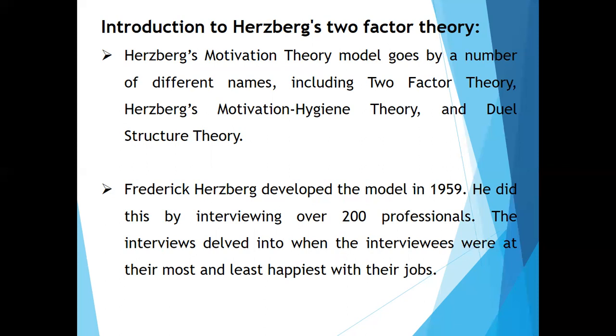The latter job conditions he referred to as maintenance or hygiene factors, and the former as motivational factors. The motivational factors are intrinsic in nature and the hygiene factors are extrinsic in nature. These two factors are described in this theory.